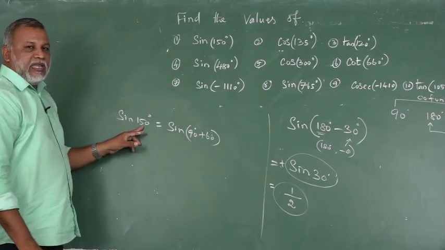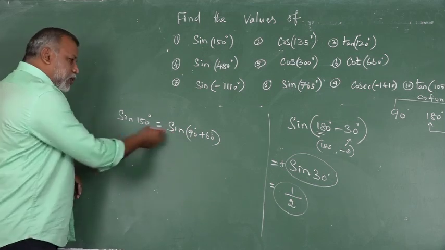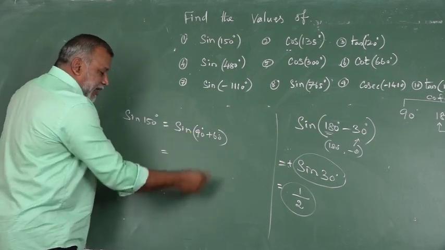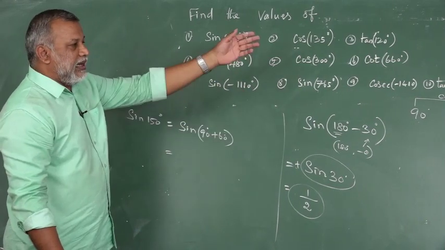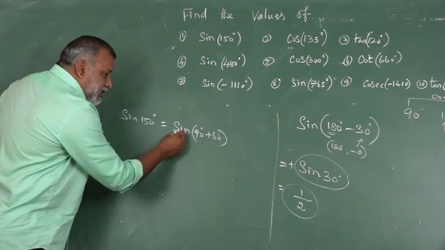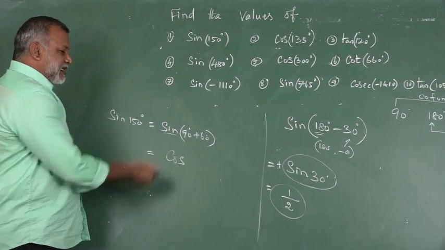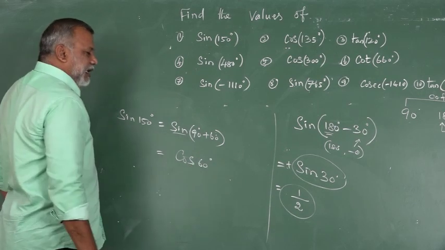This is also 150. But see here, 90 comes. 90 means, I already gave an idea, 90 and 270, apply co-function. What is the co-function of the sine family? Cos. Instead of theta, we have 60 degree.